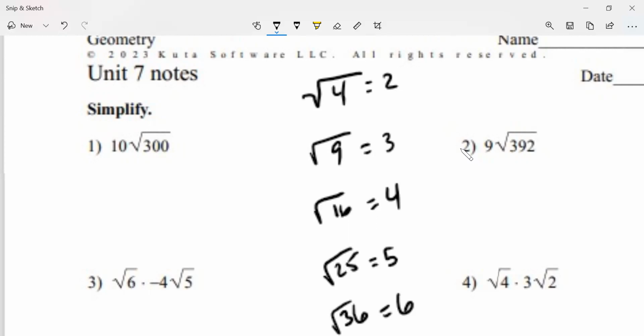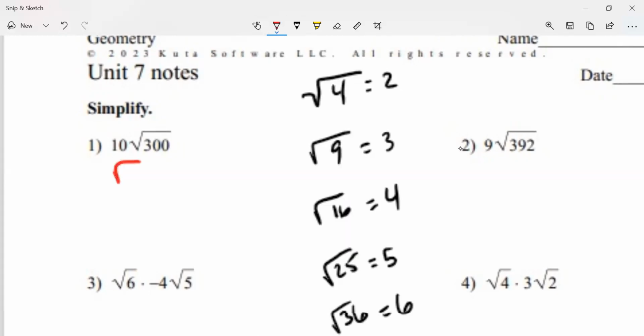What I'm going to do, the square root of 300, let me break this into 2 square roots, so 2 radicals. And I'm going to think of 2 numbers that multiply together to equal 300. However, one of the 2 numbers has to be a perfect square, right? The square root of something.